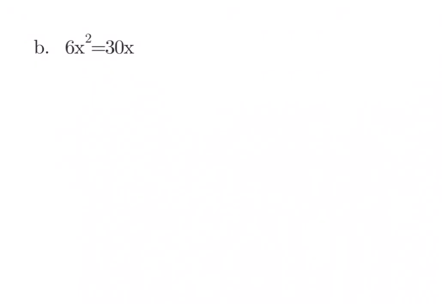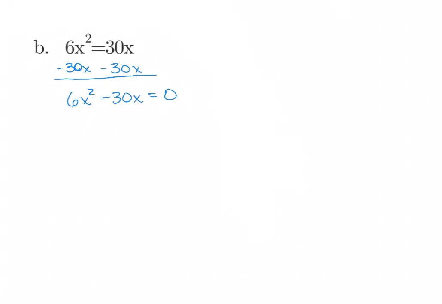So this one, the first thing I note is this is not set equal to 0. So the first thing I need to do is I need to move everything to one side of the equation. I'm going to subtract 30x. From there, we can factor out a greatest common factor.